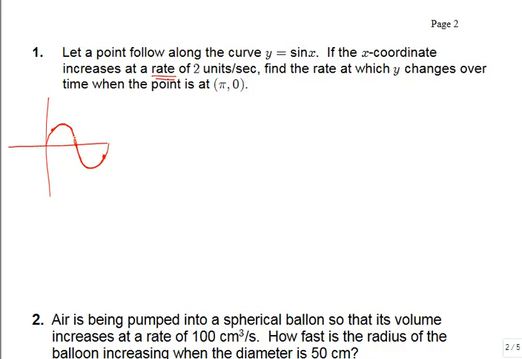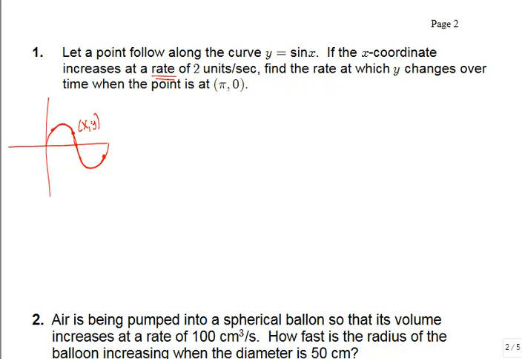So if we have just a random point here with coordinates x comma y, then this x coordinate increasing at a rate of 2 units per second is referring to a rate of change of x, and in calculus, rate of change is synonymous with derivative. So when it talks about how the x coordinate increases at a rate of 2 units per second, that means the derivative of the x coordinate is 2 units per second.